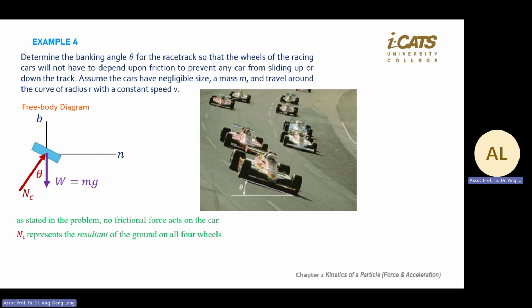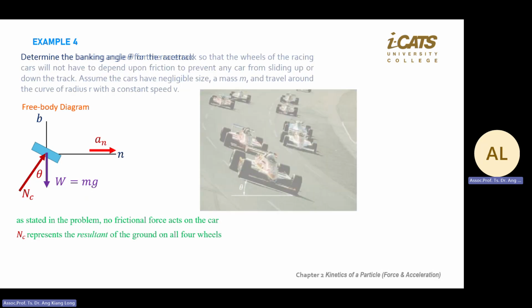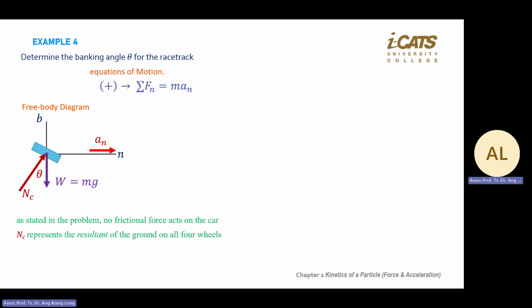Okay. And I combine the kinematic diagram also on the same diagram, a_n in the n direction. Because this is a curvilinear motion, you solve with F equal to ma. You solve by direction, the n direction, or you can see it as the x direction.